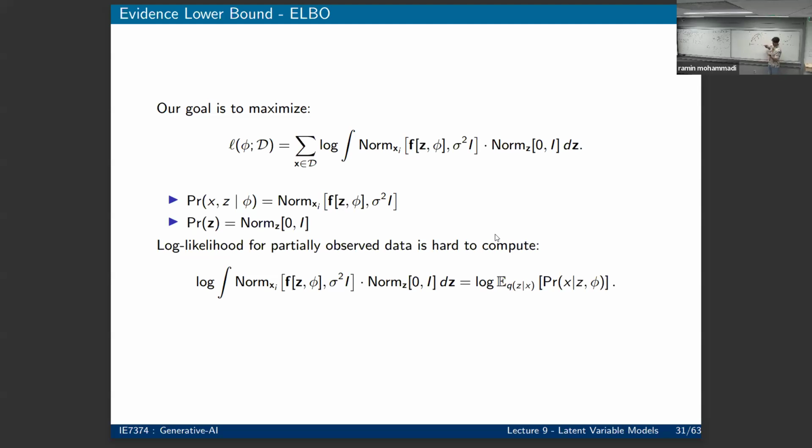We will talk about why these functions are always below the line by default. By raising these functions, you automatically raise the original, because they always have to be below that line. That's the idea behind the evidence lower bound: we keep finding a lower bound that makes sense, increase it, and keep repeating. Does that make sense so far? We're going to talk about why it should be under the line.